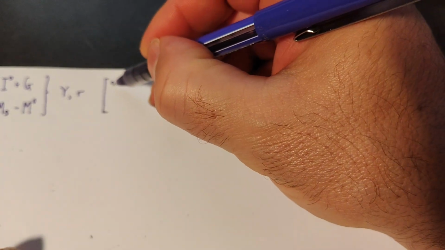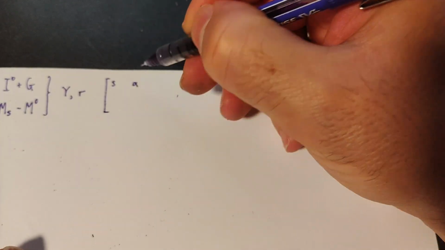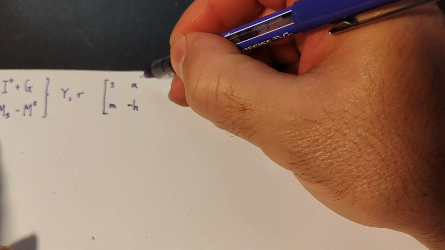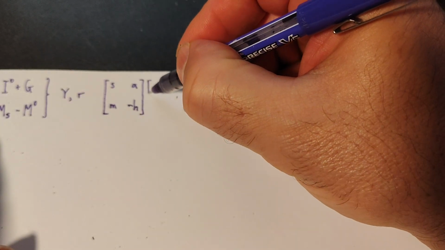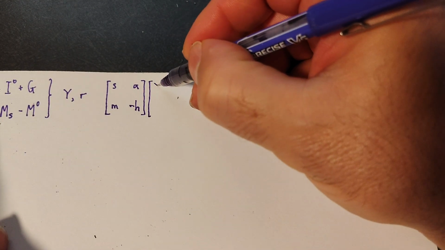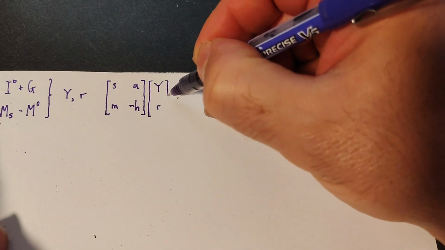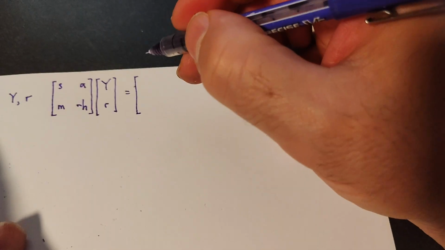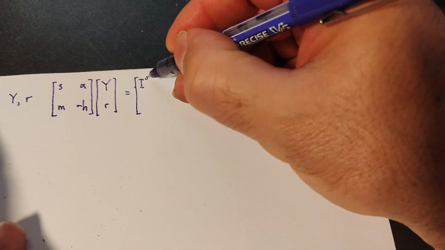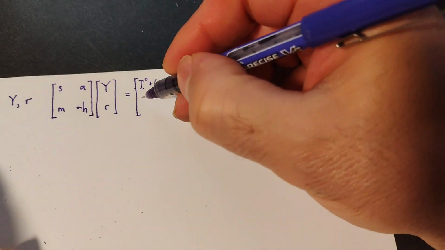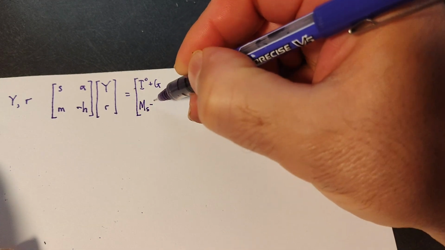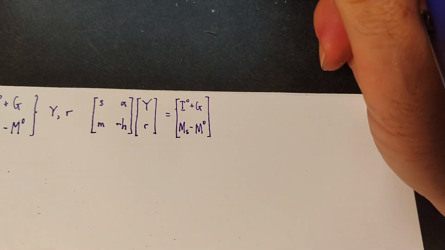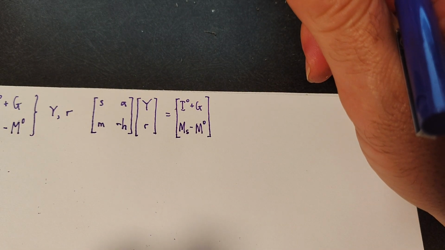It'll be S and A, and then M and negative H. And we're going to be multiplying that by this vector X, which is just Y and R. And it's going to be equal to this vector B, which is autonomous investment plus government expenditure, and then the money supply minus autonomous money, M naught. Okay, I believe that should check out.